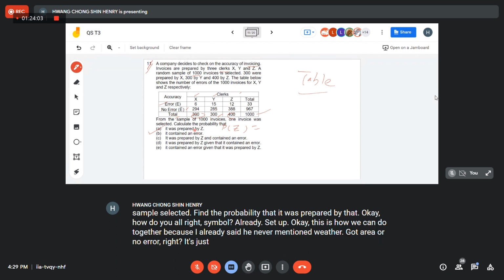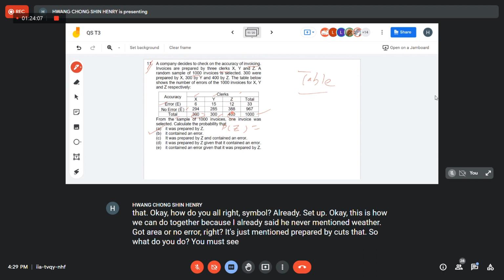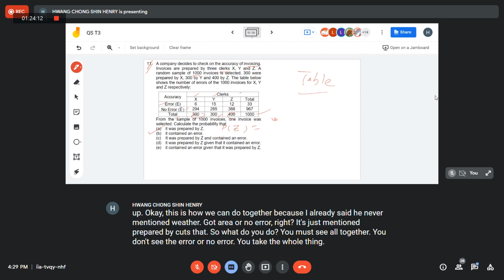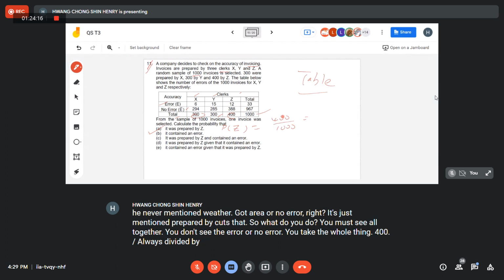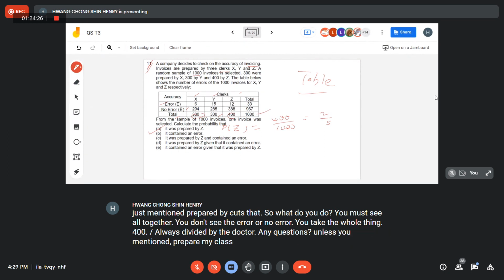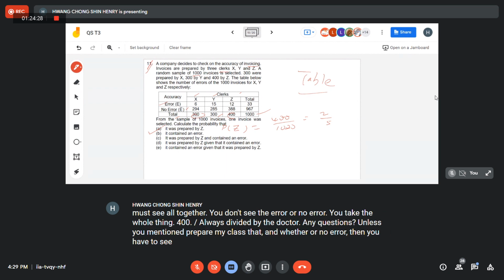It just mentioned prepared by clerk Z. So you must see all together, you don't see the error or non-error. You take the whole thing, 400, and always divide by the total. Any questions? Unless you mention prepared by clerk Z and whether there is error or no error, then you have to see the joint one.